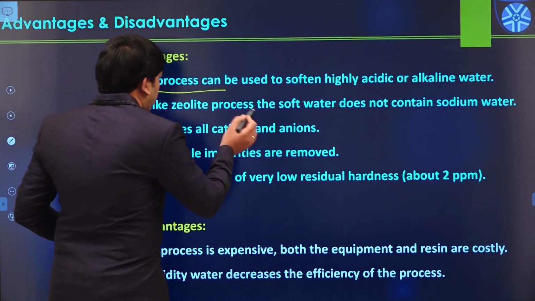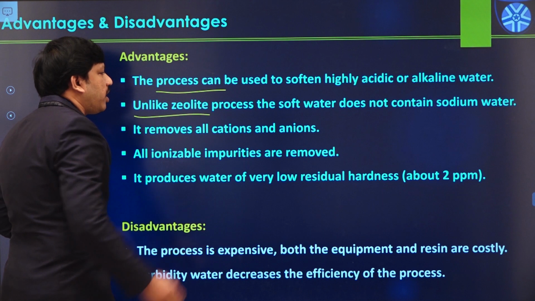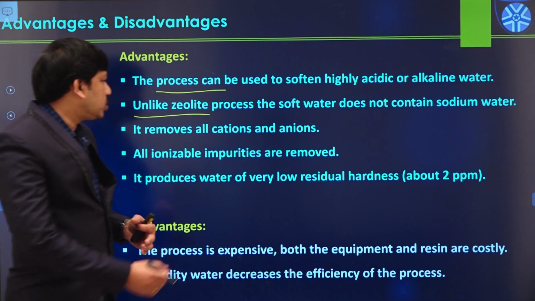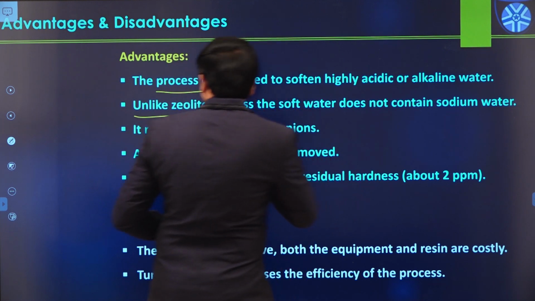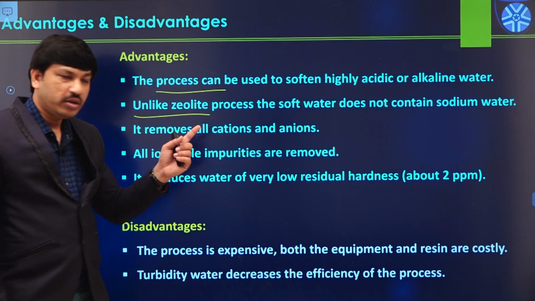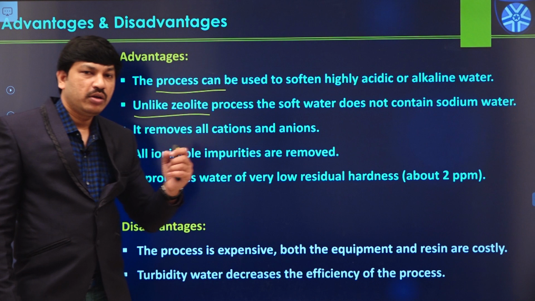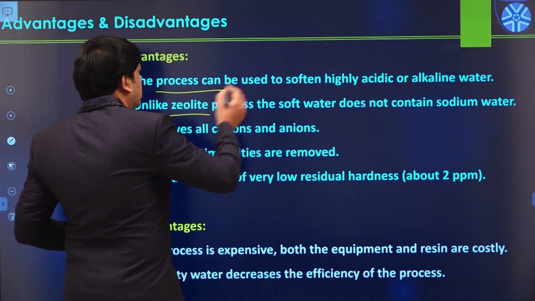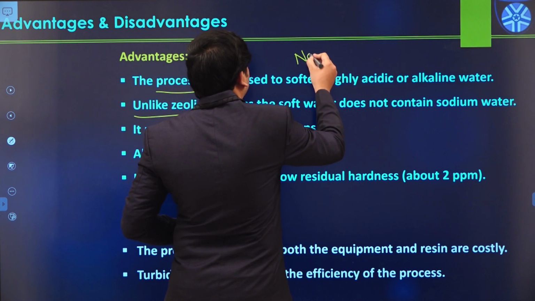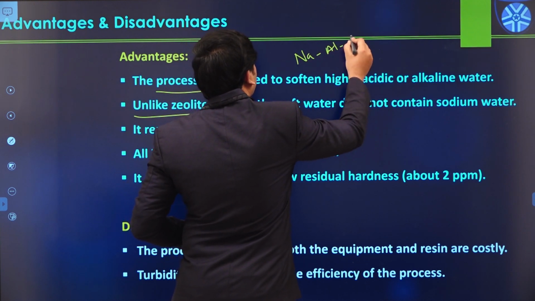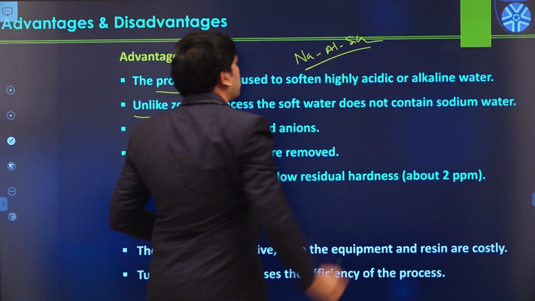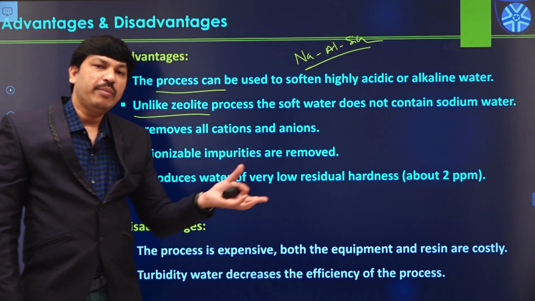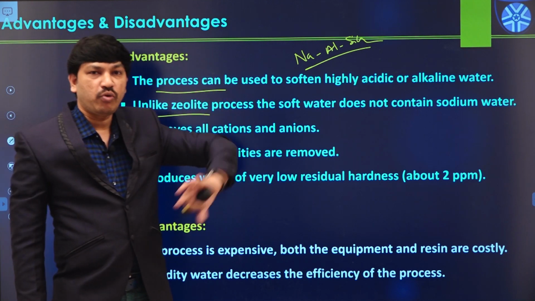And the second important thing is that, unlike the Zeolite process, the ion exchange method provides sodium free water. The Zeolite method is also an important and useful method for purifying water samples. Zeolite is sodium aluminum silicate, an inorganic three-dimensional polymer with a porous structure.